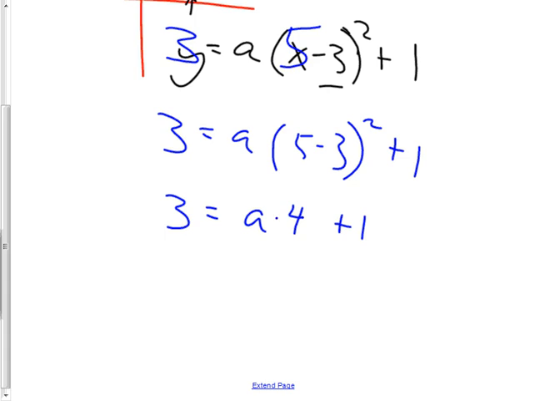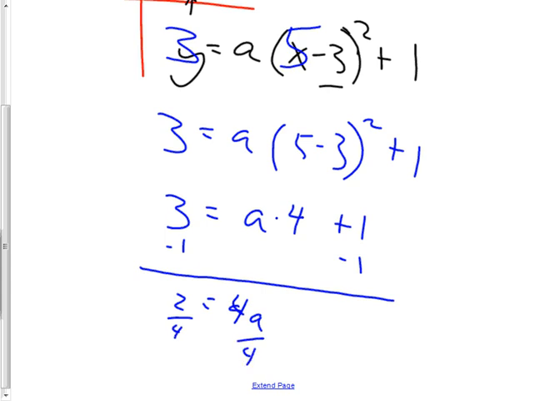So I now would subtract 1 from both sides. 2 equals a times 4, or I'm going to say 4a. Divide by 4 on both sides, sorry. And a equals 1/2. Now this equation was really close to right before, all I got to do is figure out what a is.